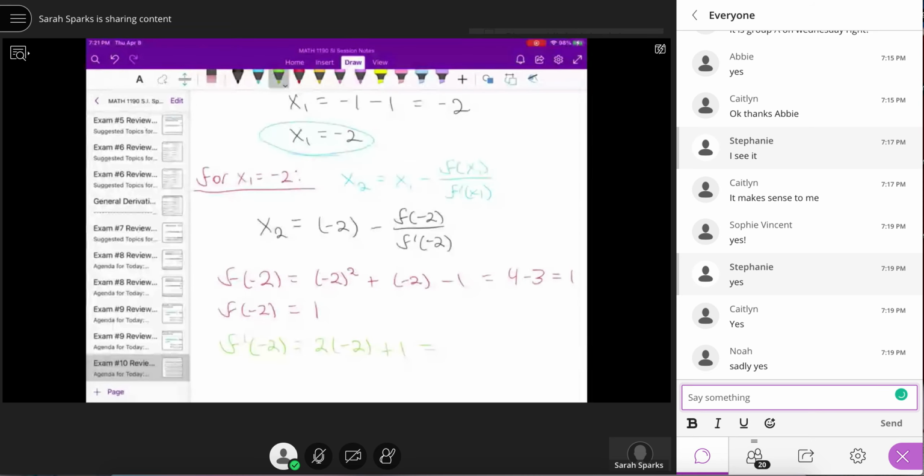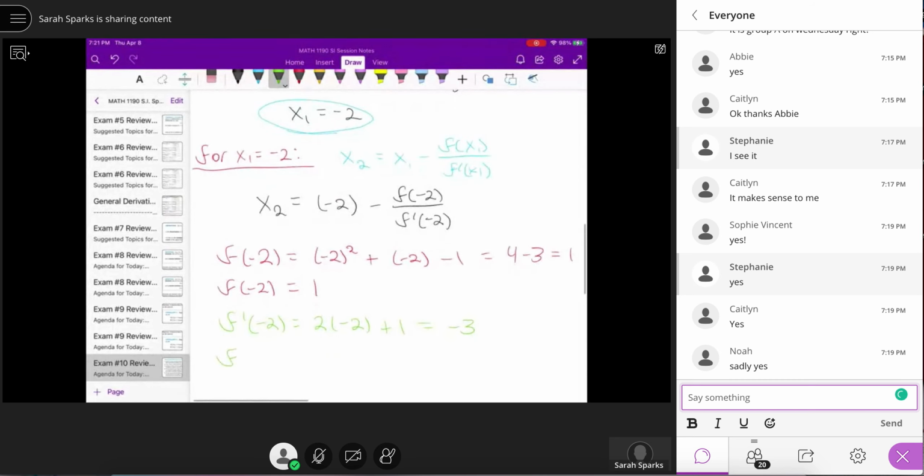So it's going to be -4 plus 1, so -3. So f prime of -2 equals -3. Then for that yellow one, we're going to plug in +1, and for that pink one, we're going to plug in -3.